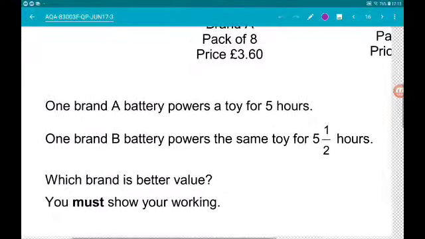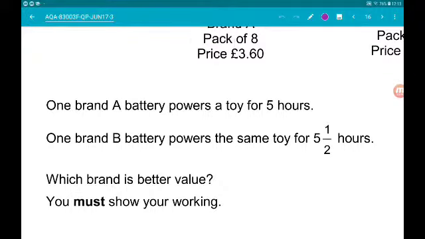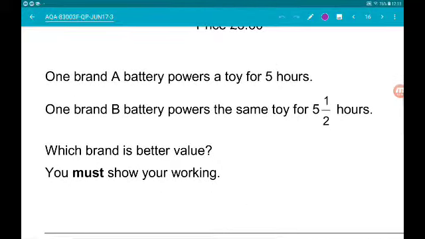We are told 1 brand A battery powers a toy for 5 hours. 1 brand B battery powers the toy for 5.5 hours. Which brand is better value? You must show your working. 5 marks. Okay, so this is a tricky best buy question, to be sure.